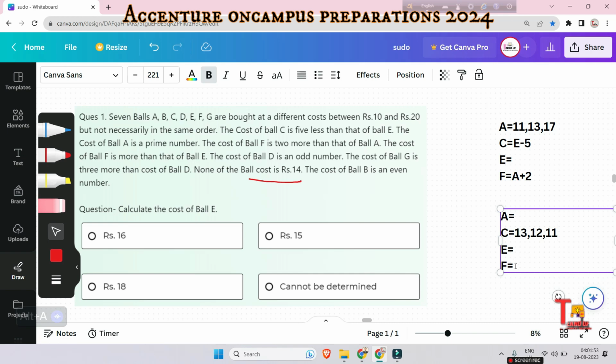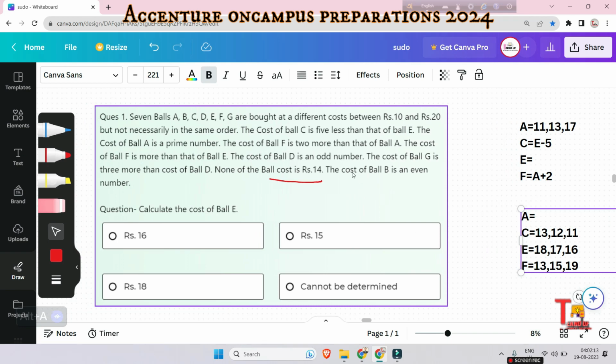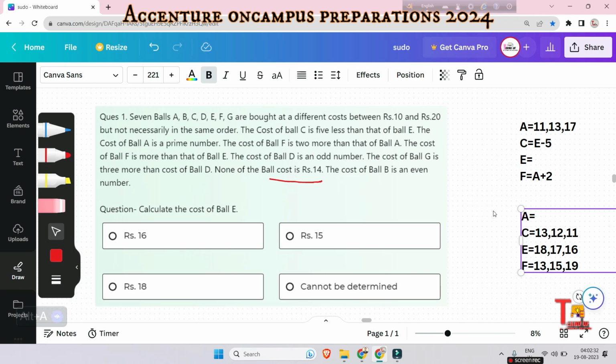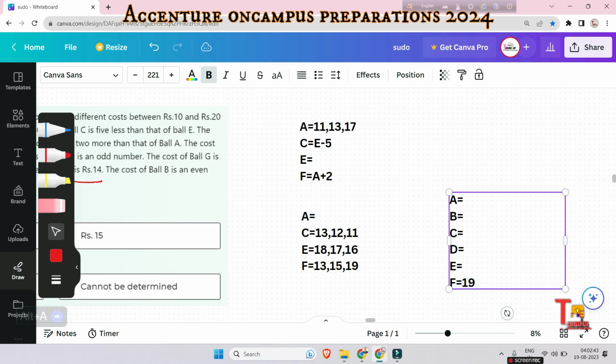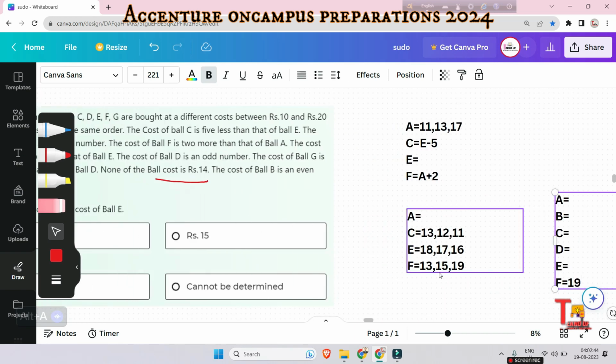So F, what are the possible numbers? F can be 13, 15 or 19. And I have said that E can be 18, 17 or 16. So we can actually say that the cost of ball F is equal to 19 because it is greater than E. E is among 17, 16, 18.